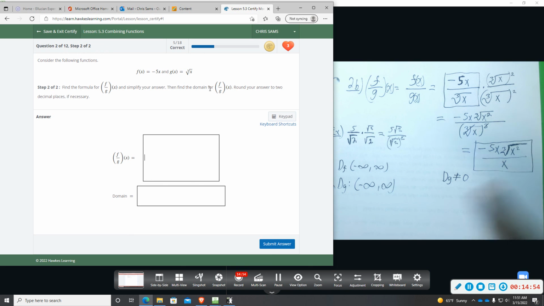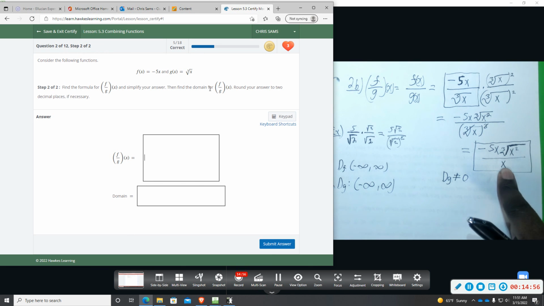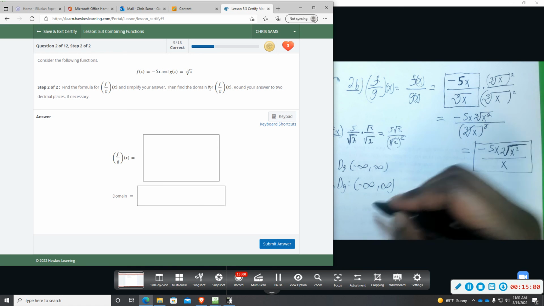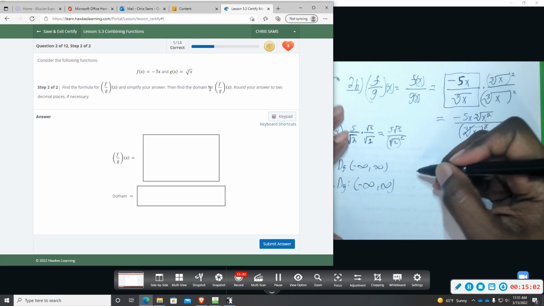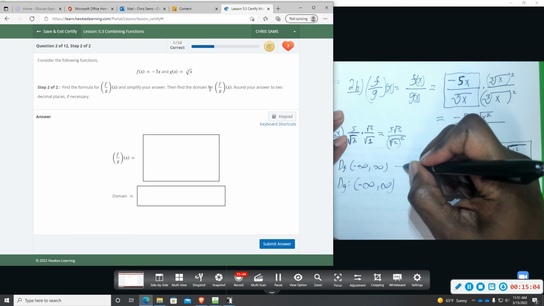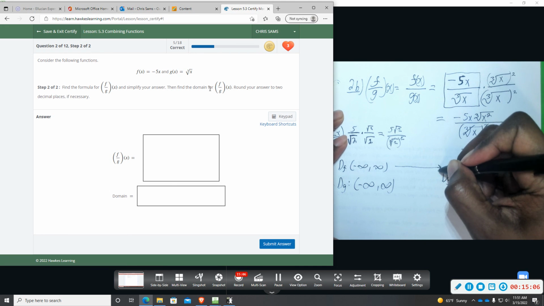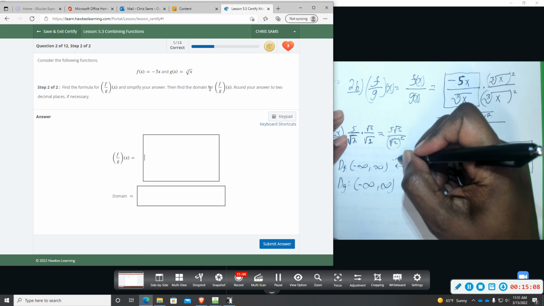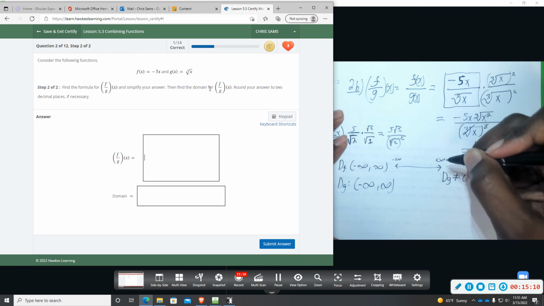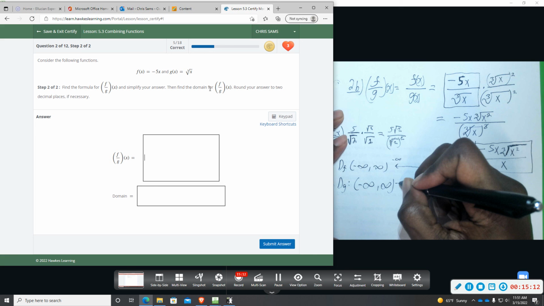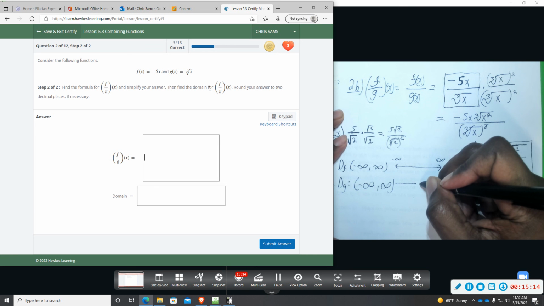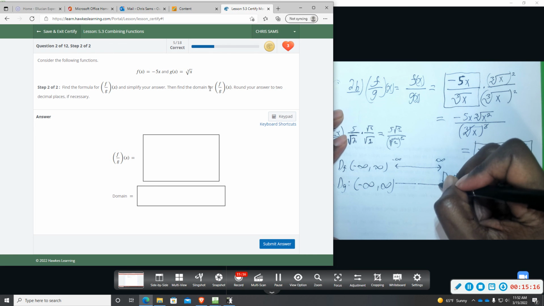Okay, so in this case, the number that would make this 0 is 0. So I can't use 0. So if I did a number line, this one would be from negative infinity to positive infinity. This one would have a little space in there because we have to remove the number 0.